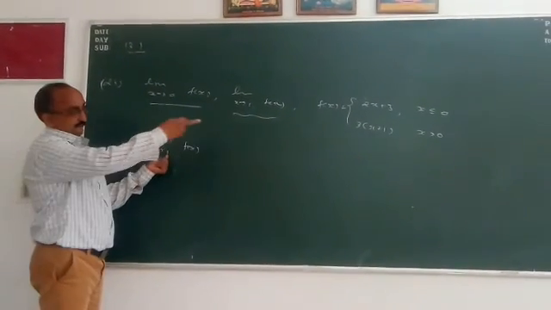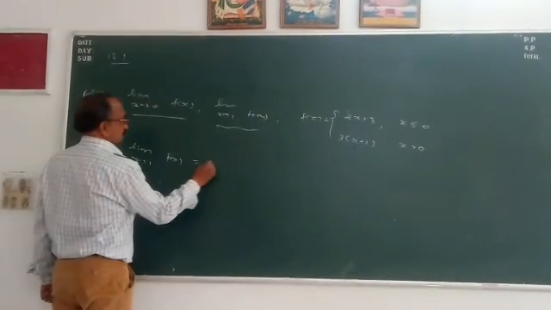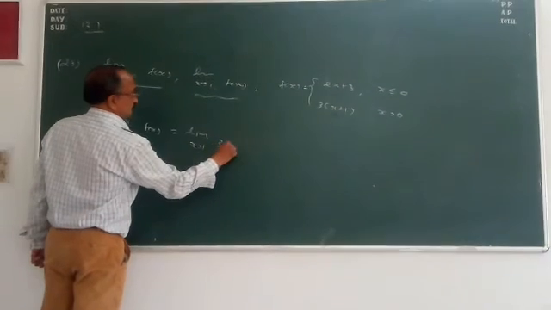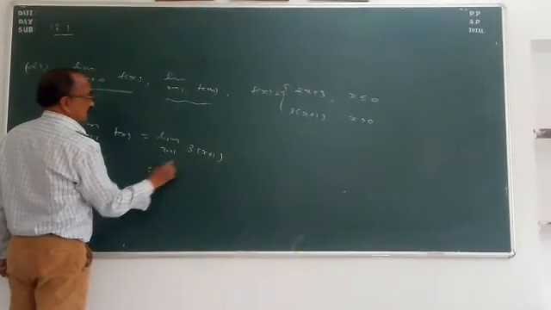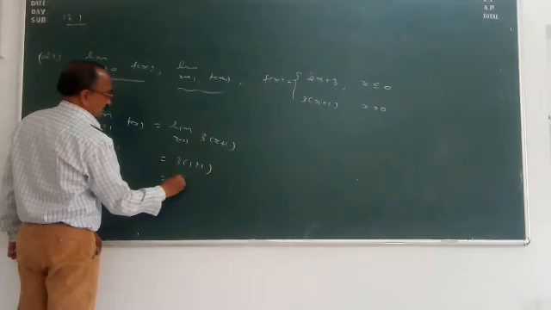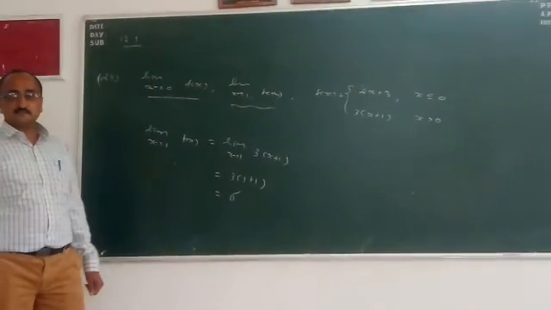In this case we select the second function, 3 into (x plus 1). So it is equal to limit x tends to 1 of 3 into (x plus 1). Now replace x by 1. So 3 into (1 plus 1), so 3 into 2, then it becomes 6. So the answer is 6. Clear?